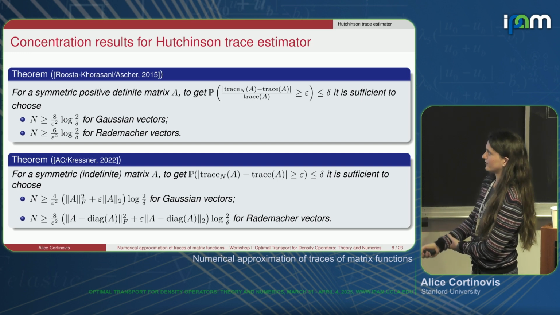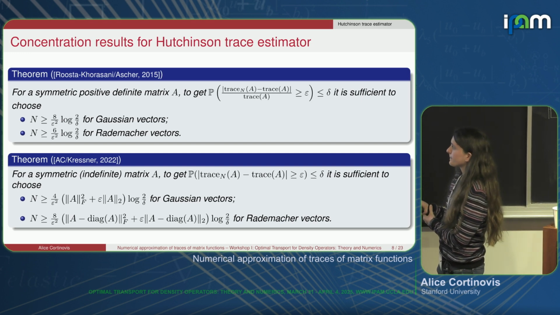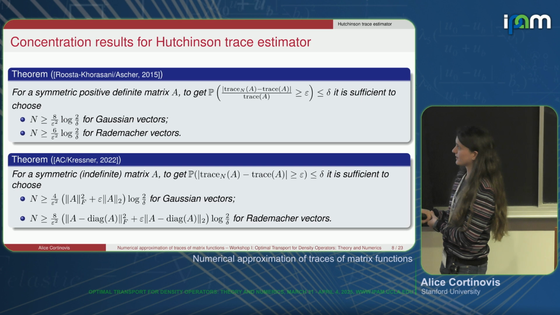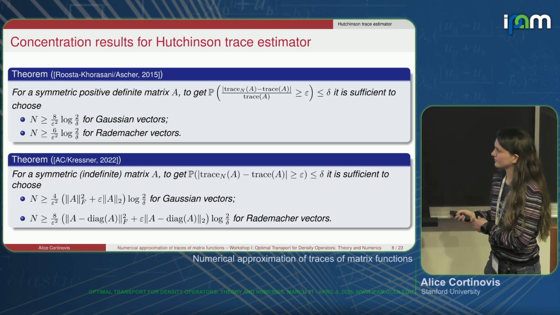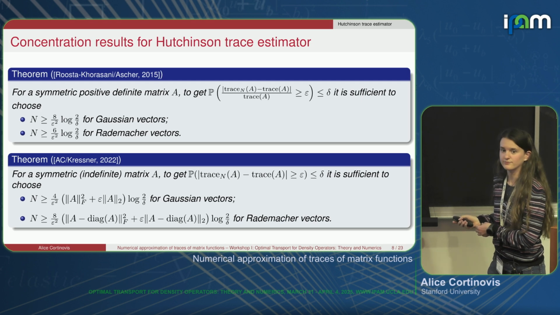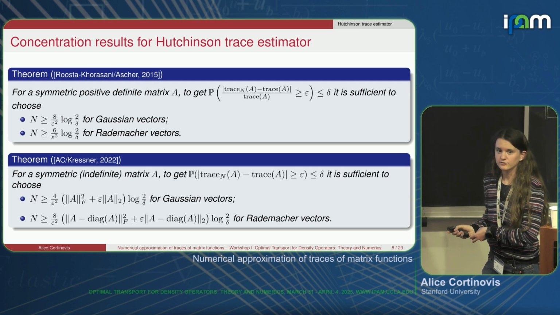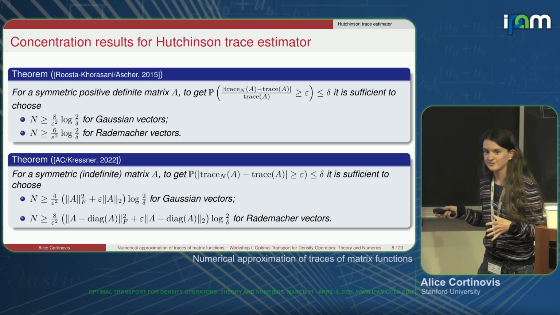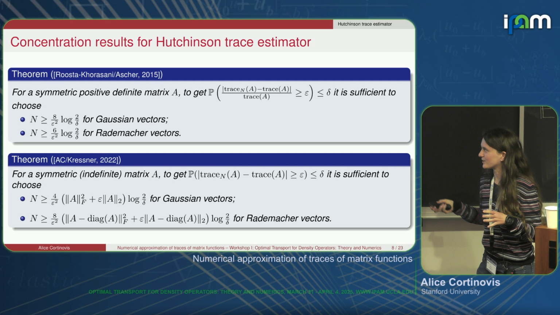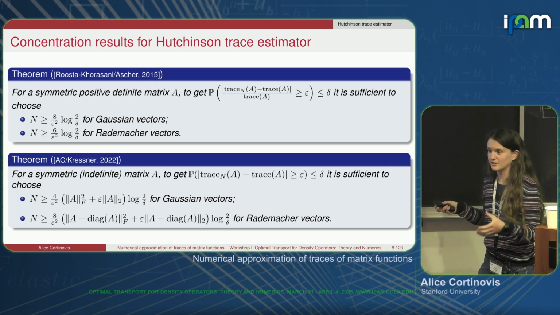So this is the symmetric positive definite case. For the symmetric indefinite case, there's no hope to get a relative error bound, just because if your matrix has trace 0, you cannot divide, and also the estimator will not give you 0, it will give you something.